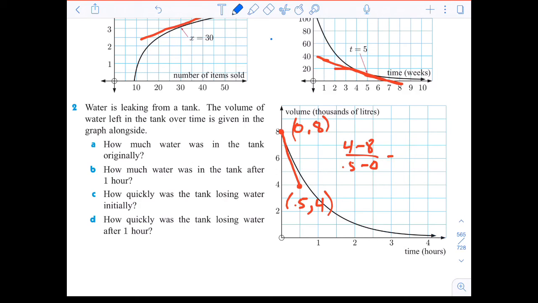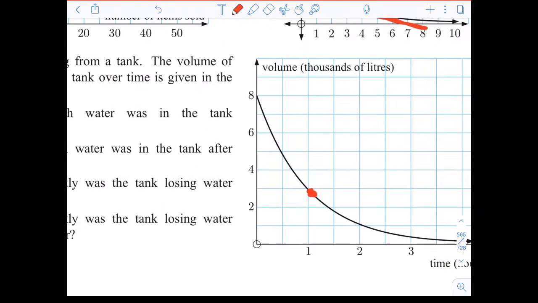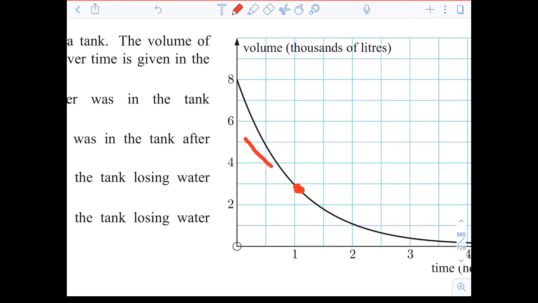Part D says, how quickly was the tank losing water after 1 hour? So I'm going to find the tangent line at 1 hour. At 1 hour I see the dots right here. If I draw a tangent line, a line that would just touch it, maybe something like that, I want to find out the speed. So I can choose 2 spots. Maybe the beginning over here, which is at 0 and 5.5, and then maybe this spot over here, which looks to be at about 2.5 and 0.